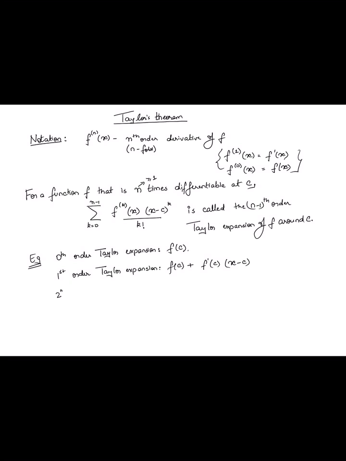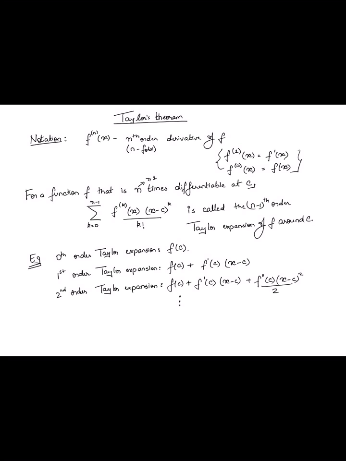Similarly, the second order Taylor expansion would be given by f of c plus f prime of c times x minus c plus the second derivative f double prime of c times x minus c the whole squared, divided by 2 factorial, which is 2, and so on.